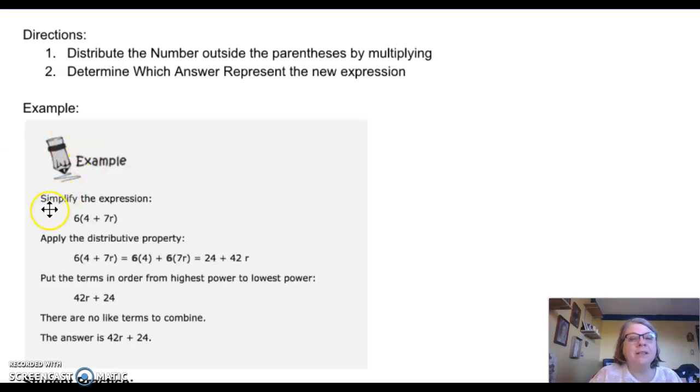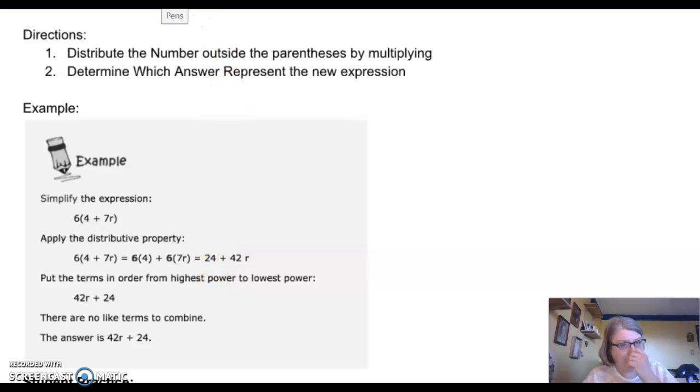So as you see on this example, they have the expression 6, and then in parentheses 4 plus 7r. Basically, what that means is that you are going to distribute the 6 to the 4, which you see them doing there, and then you get 24.